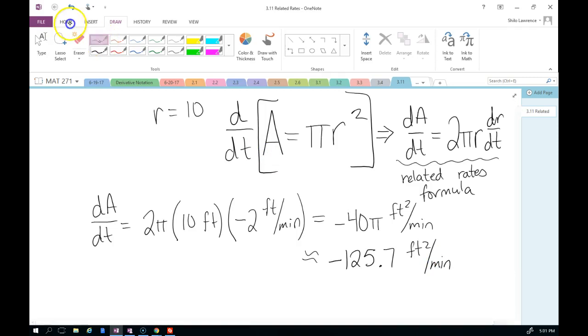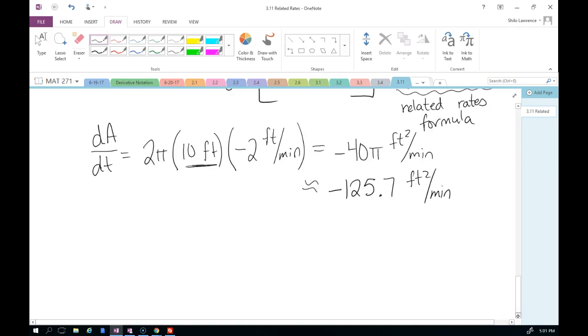Now, this radius is really important because the current size of the circle is going to affect how area is changing. If you look at a really small circle and you change it by just a tiny bit, then we're talking about this area. That's the change in the area.